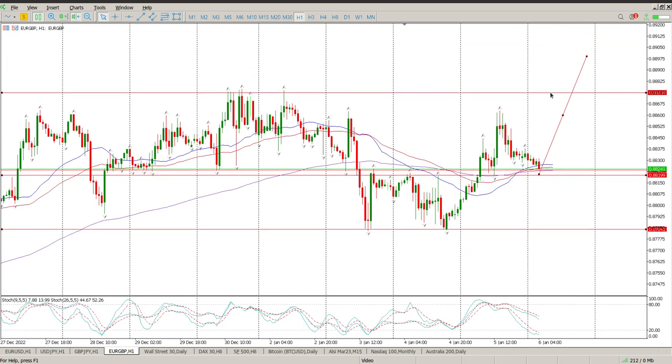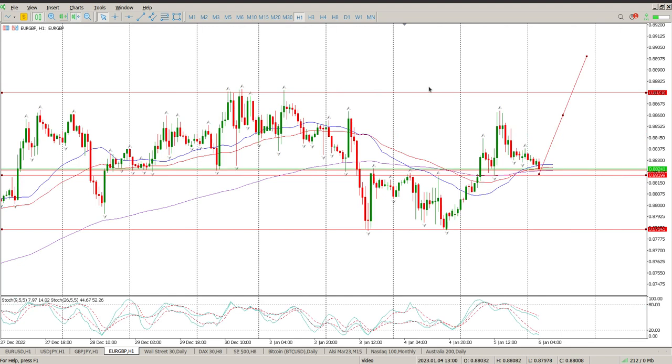So it would be capped by this area here, 0.88750, then probably bounce back, find support on something, and then another move to the measured move area, which is going to be 0.88991. Okay, so anyway, that's kind of Forex today.